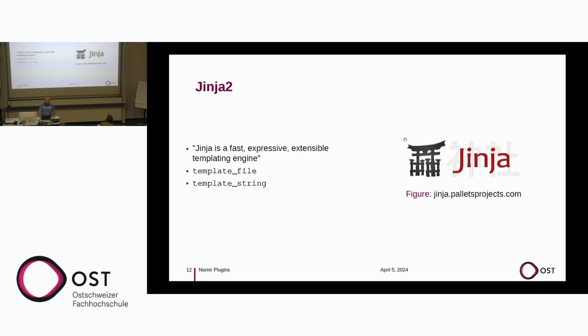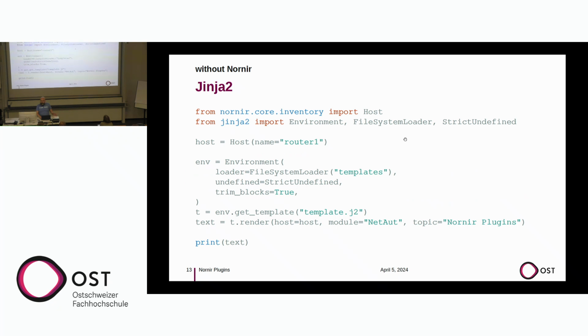Okay, so this is a really simple one, but you will probably also need it in your exercise. The Jinja plugin has two options: template from file or from string, depending on how we want to have it. Normally, if we would work in Python with Jinja 2 templates, there is even a smaller version where we can directly generate the template from a string, but here we want to have more options, like a file system loader.